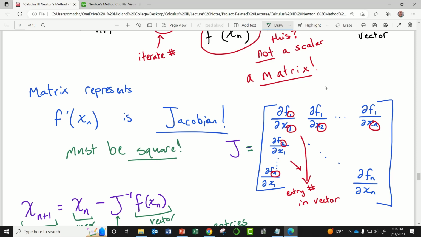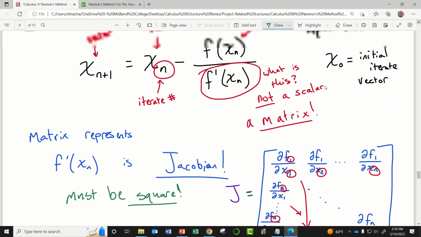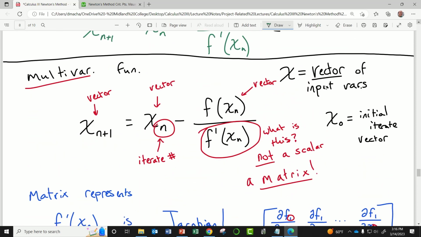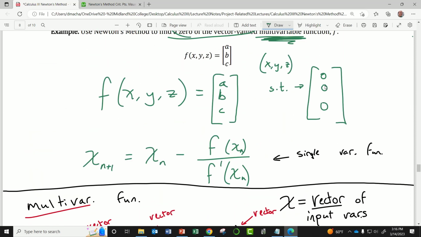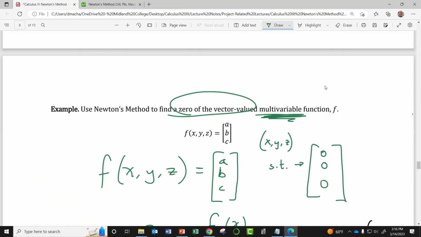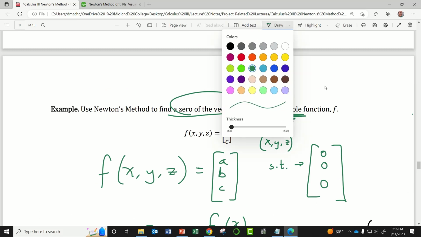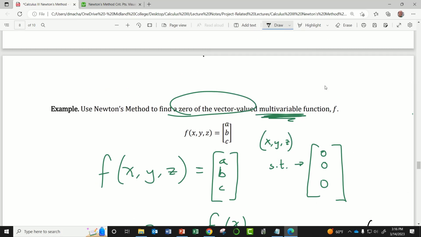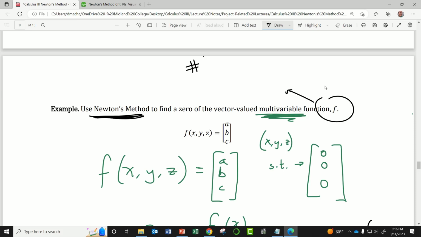And so for this to be a square matrix and actually consider all of the output values and all of the input values, what this means for my multivariable function, if we want to use Newton's method to find the zero of a vector-valued multivariable function, is that the number of input variables has to be equal to the number of output variables.